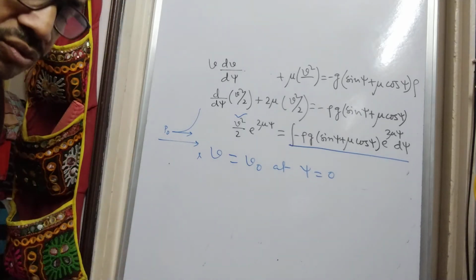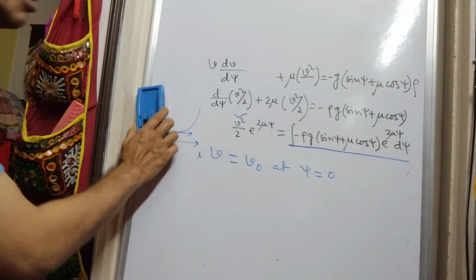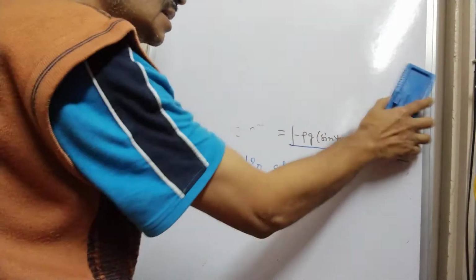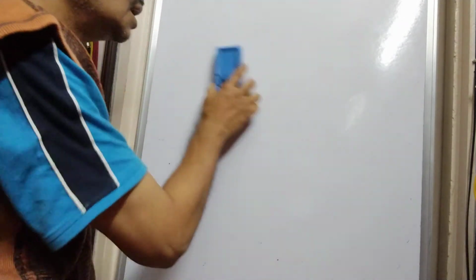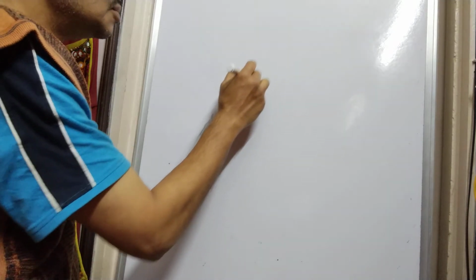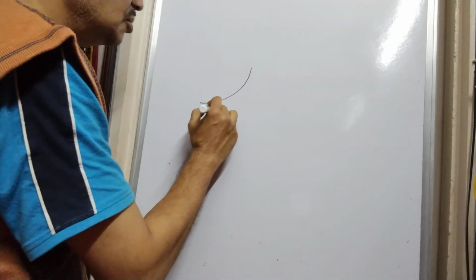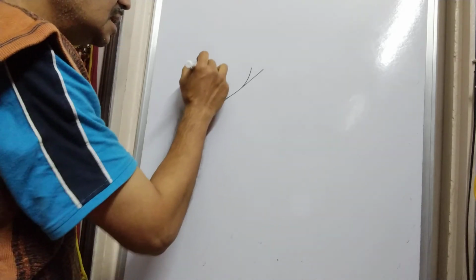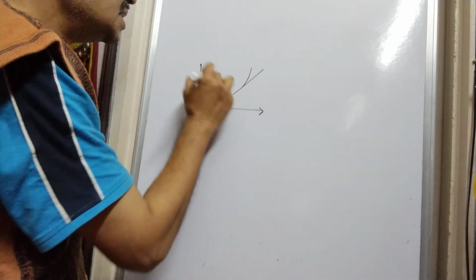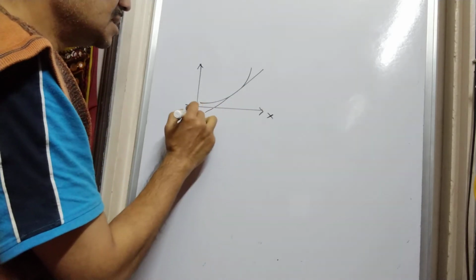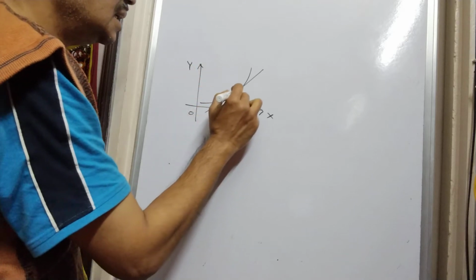While climbing down, the equation of motion changes. Let us retract to the figure again. This was the curve. We have drawn a tangent. This was the frame of reference where x-axis is horizontal and y-axis is vertical.